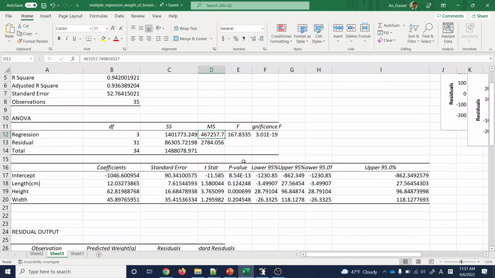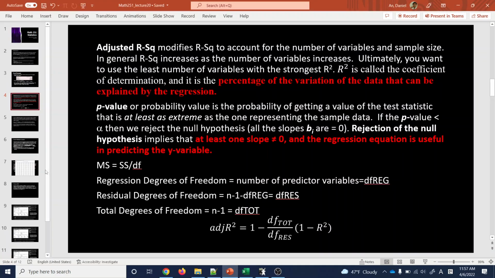However, the F distribution is the most complicated distribution that we've ever seen, because it deals with the ratio of two sum of squares, and the top one has the degrees of freedom, and the bottom also has the degrees of freedom. So you have 2 degrees of freedom, and because of that, the table becomes very complicated. So I have an example in the slides.